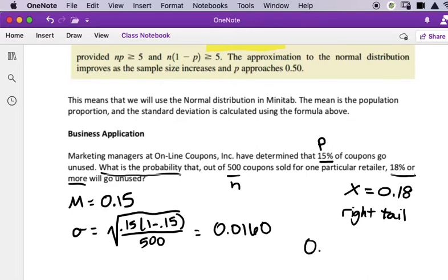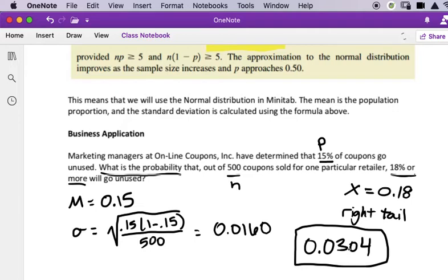And so thinking about what this means, a lot of times in the homework problems, you're asked to interpret your answers based on whether the probability is high or low. 3% is a pretty low probability. And so what that means is that if we had 500 coupons and 18% or more were unused, if the population mean was actually 15%, 18% or more would be pretty unlikely.